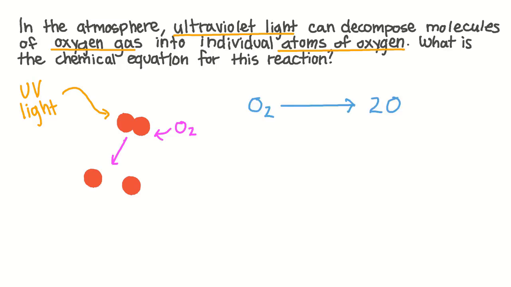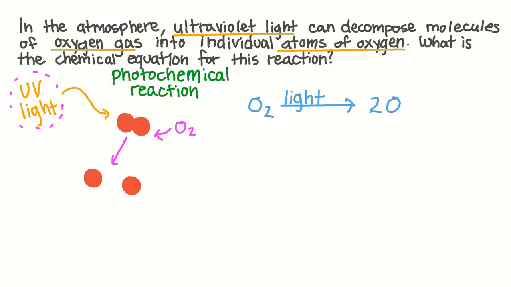So if we start off with one molecule of oxygen gas, it would decompose into 2 atoms of oxygen. To complete our chemical equation, we shouldn't forget to write light over the reaction arrow, since this reaction requires UV light in order to start, which makes this particular reaction a photochemical reaction.